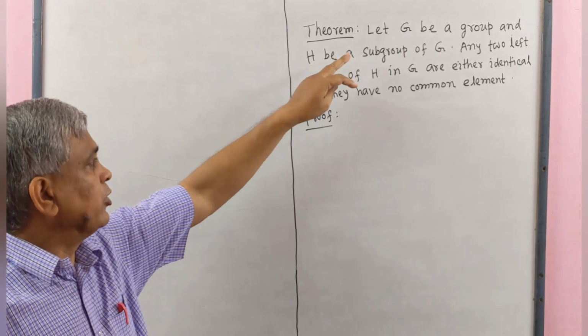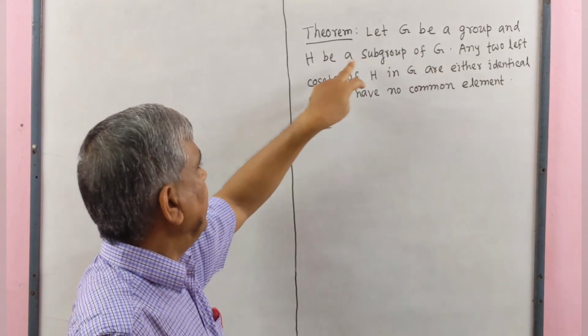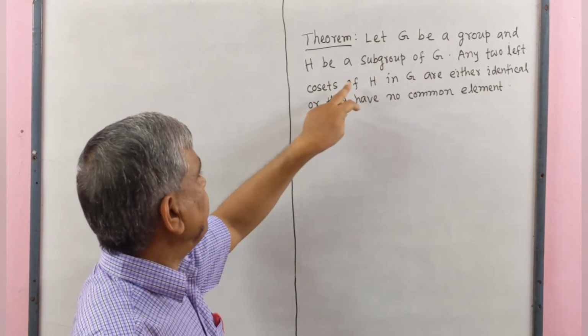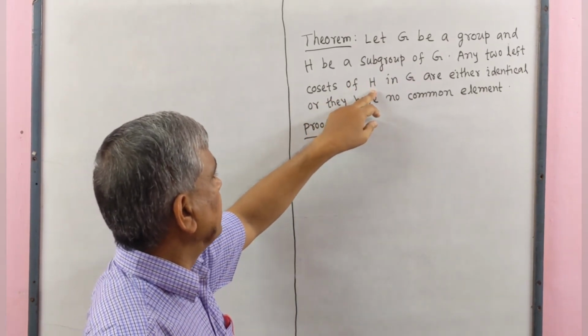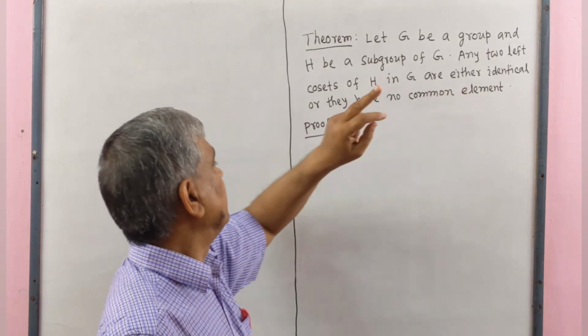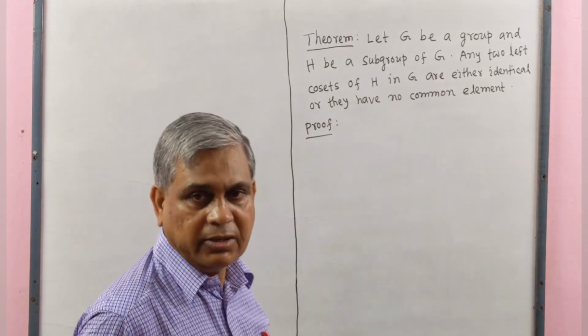Now we prove a theorem. Let G be a group and H be a subgroup of G. Any two left cosets of H in G are either identical or they have no common element.